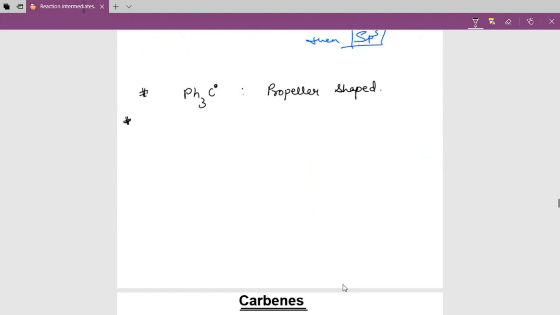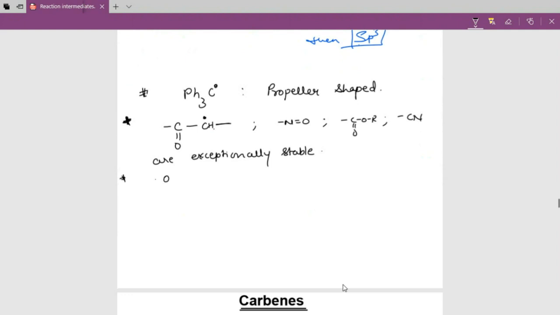I would like you to remember it as an exception, compulsorily: a radical alpha to a carbonyl, or to NO, or to an ester linkage, or to a cyano group, is exceptionally stable.